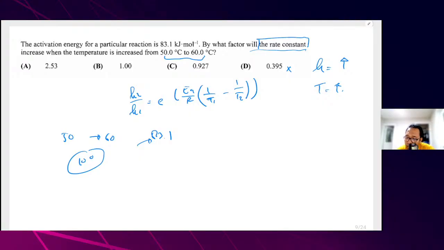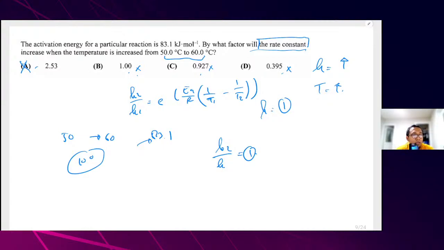So for example, if k2 over k1 is 1, it means no change. If we increase, it will be more than 1. If it's 1, there is no change. Why is it dropping? This one is a drop, and this one is the same, so the answer will be A.